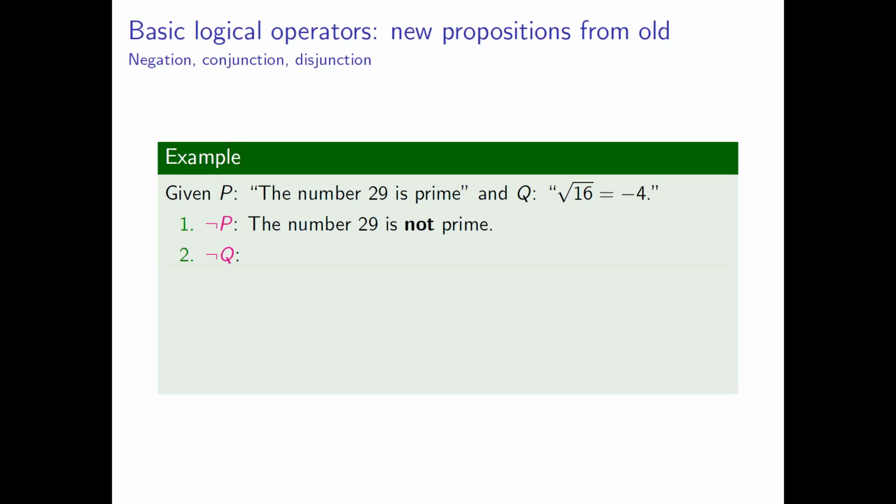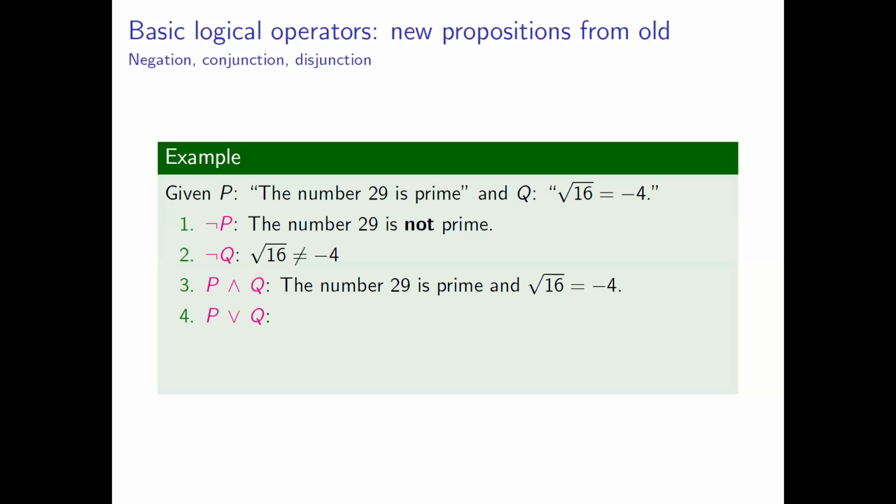Not Q is the statement the principal square root of 16 is not equal to -4. This is written in symbols using the not equal sign as shown. P and Q is the statement the number 29 is prime and the principal square root of 16 is equal to -4.